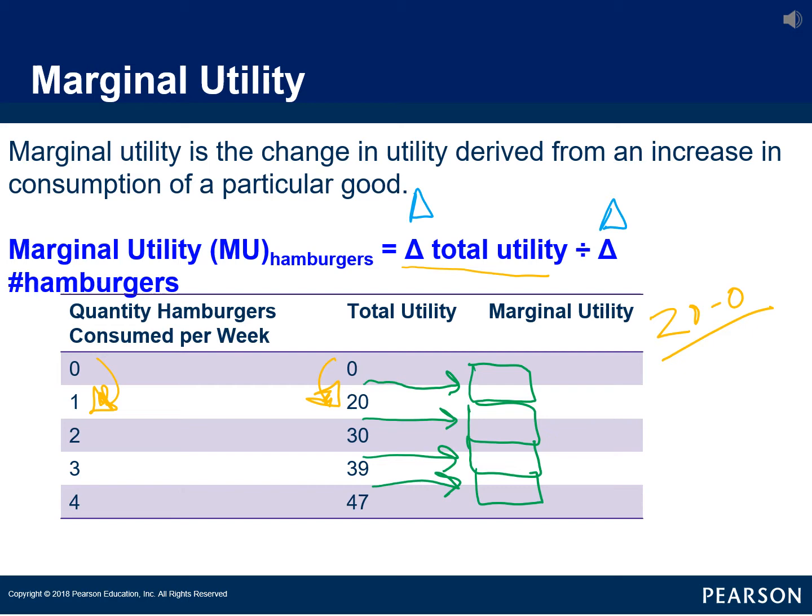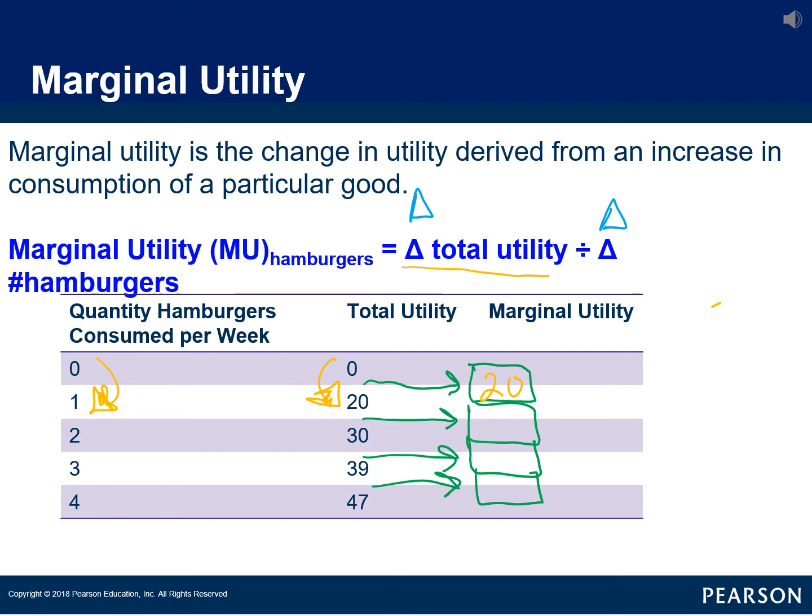Well, we went from 0 hamburgers to 1 hamburger, so our change is 1. So we have 20 minus 0 is 20, divided by 1. So our marginal utility in this first step is 20.